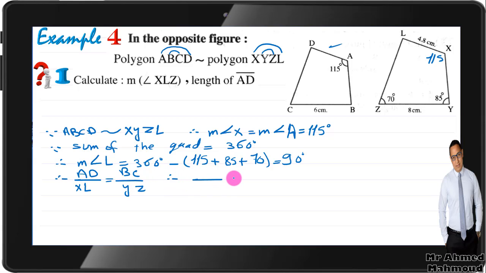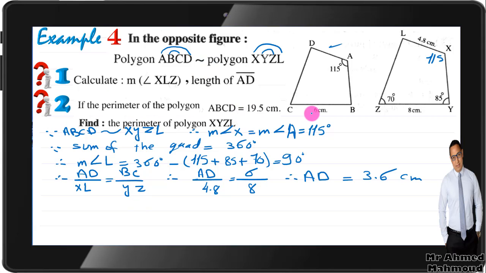Therefore, AD unknown, XL equals 4.8, and BC equals 6, YZ equals 8. Okay, therefore AD equals 6 times 4.8 over 8 equals 3.6 centimeters.